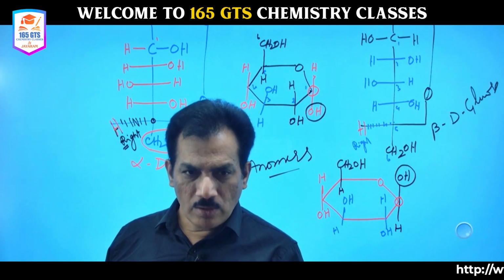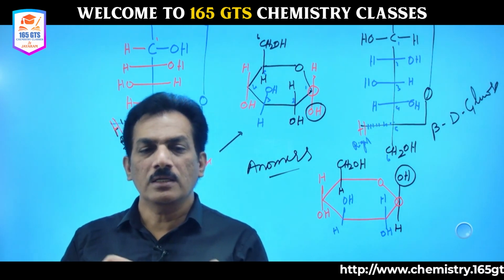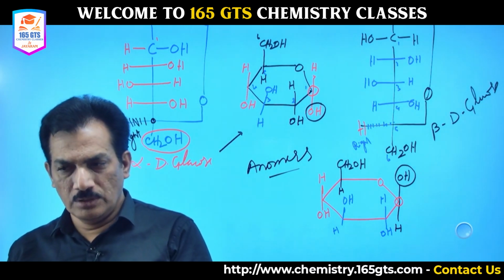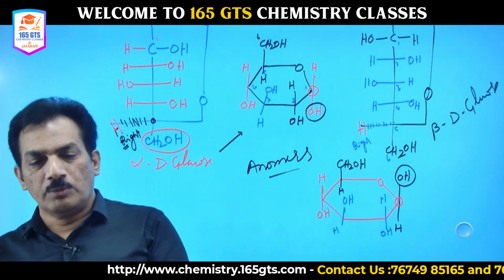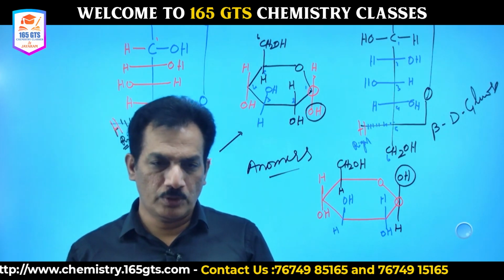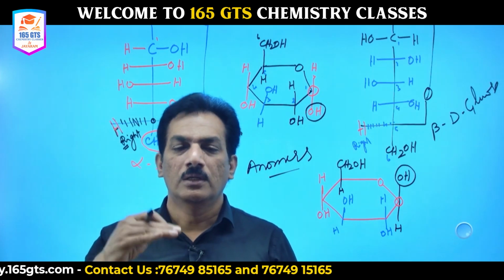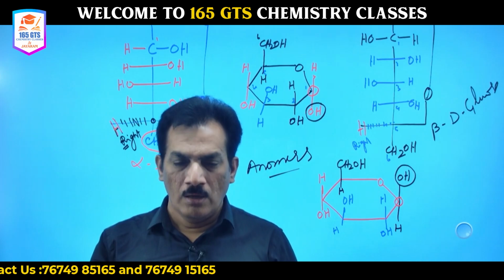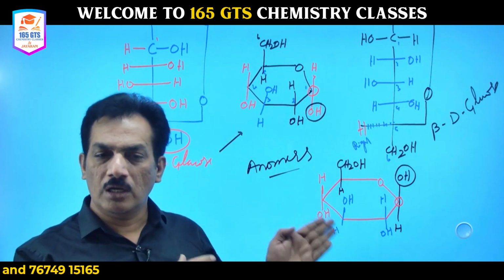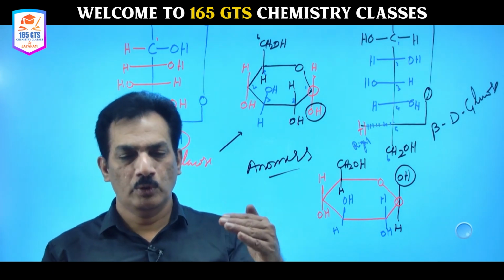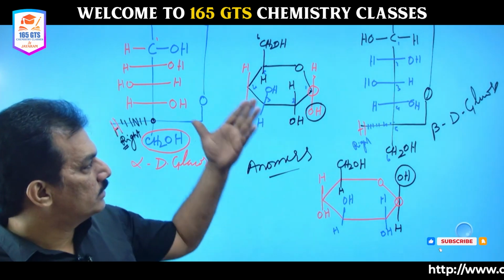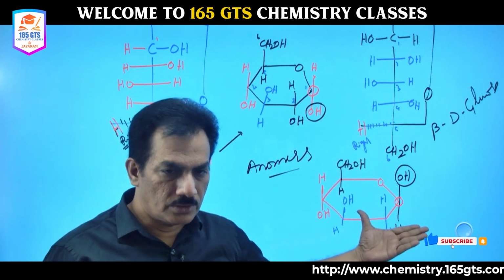In that pyranose structure, when we write the structure from the Fischer projection, all the groups present on the right side in the Fischer projection are below the ring, and all those groups present on the left side are above the ring. Thereafter, the result appears like this.